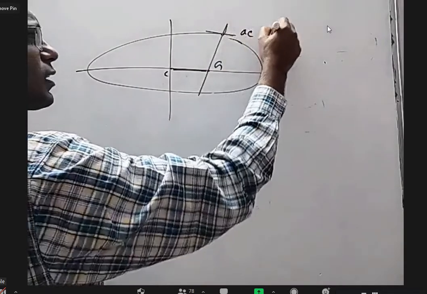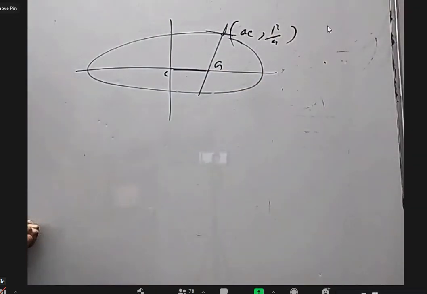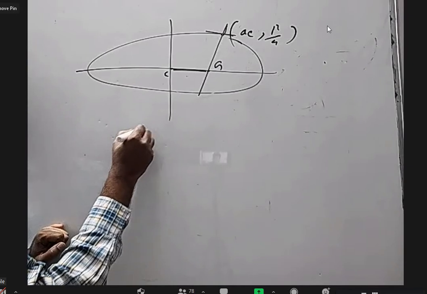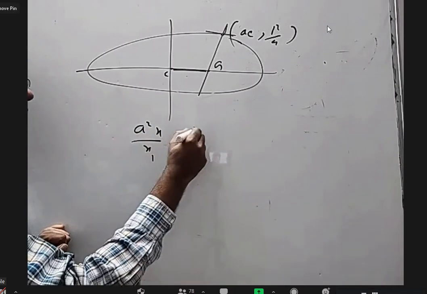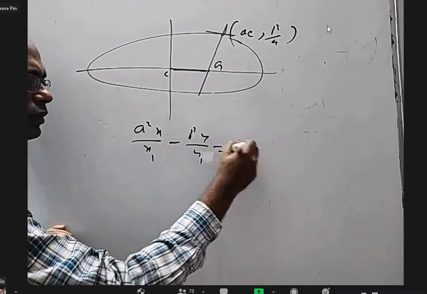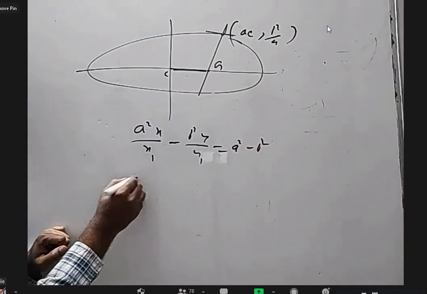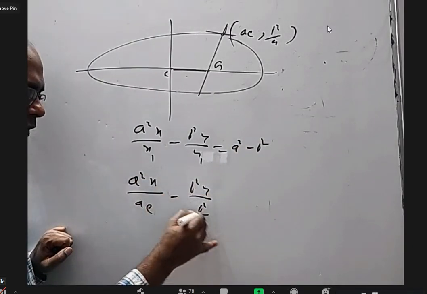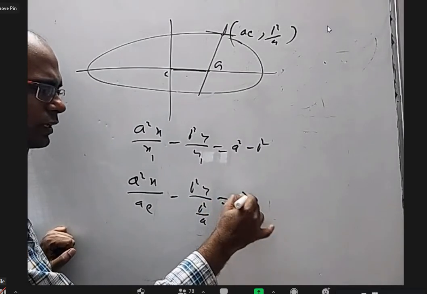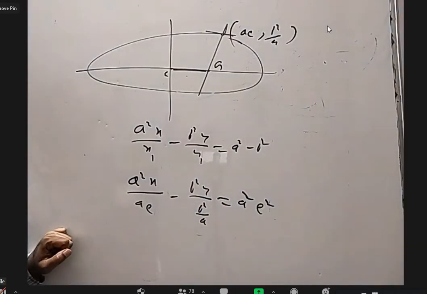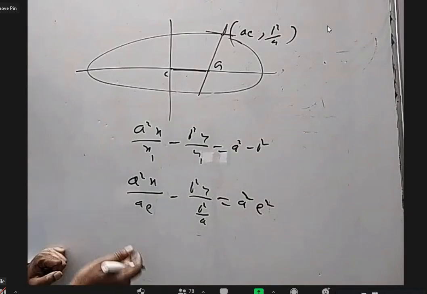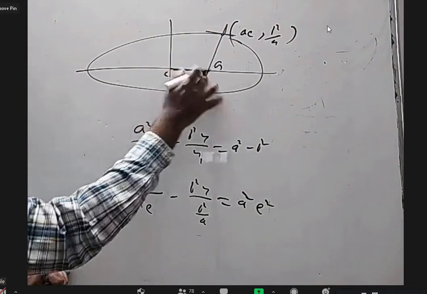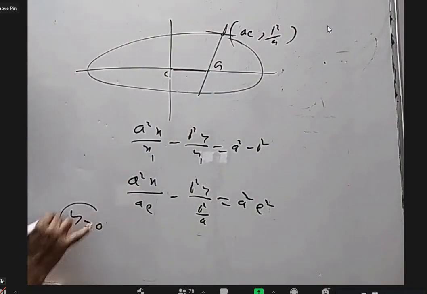The point is ae comma b square by a. Take the general equation of the normal: a square x by x1 minus b square y by y1 equal to a square minus b square. That is a square x by ae minus b square y by b square by a equal to a square minus b square. This is the equation of the normal. Now CG length is the x-intercept, so simply put y equal to 0.